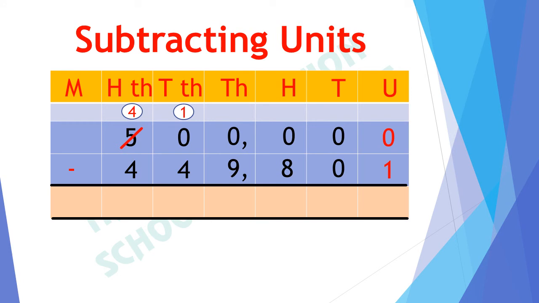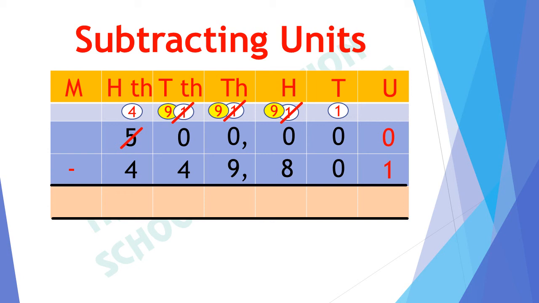Now we will take borrow from 10,000s. If we take borrow 1 10,000, here we are left with 9 10,000s. Now we will take borrow from thousands. If we take 1000 borrow, here we are left with 9,000s. Now we will take borrow from hundreds. If we take 100 as a borrow, here we are left with 900s. Now we will take borrow from tens.